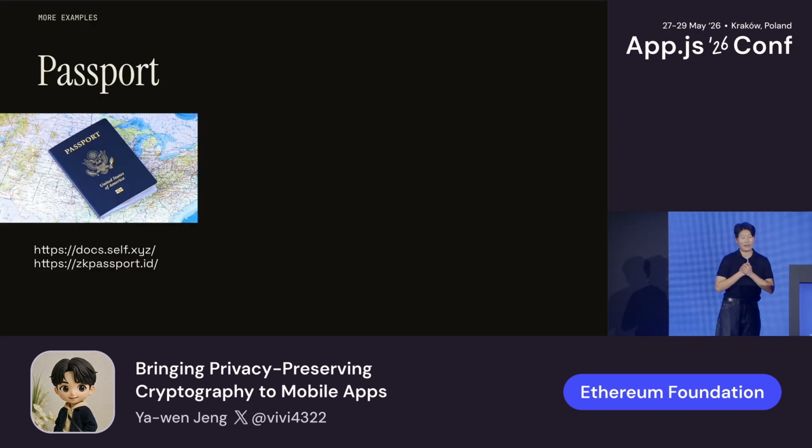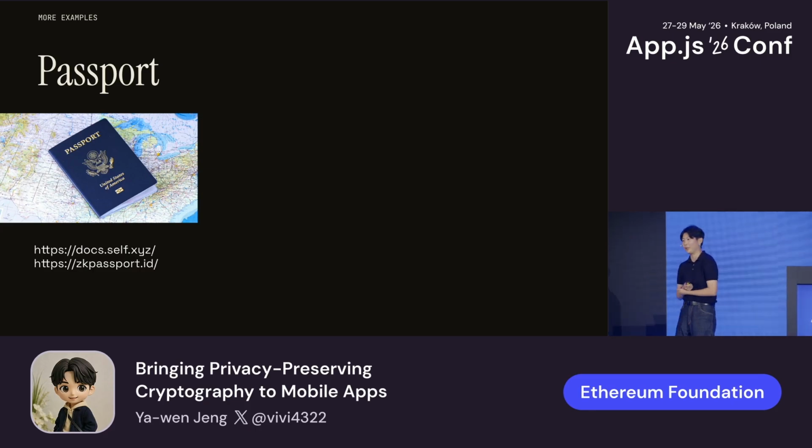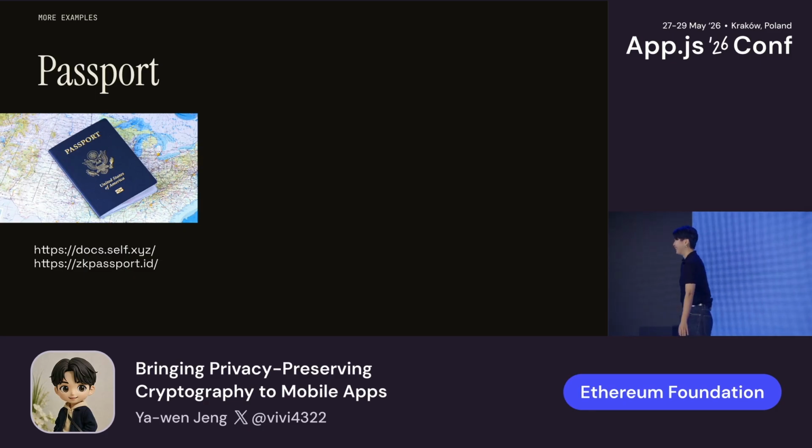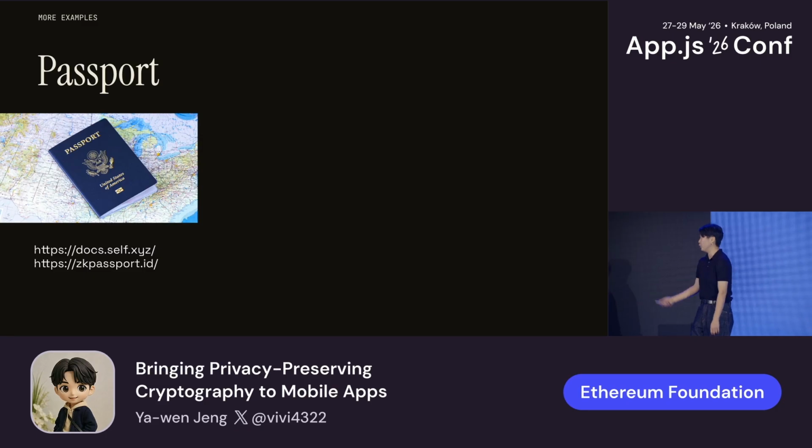Actually, there are so many signatures in our lives, and the passport is one example. I'm sure you all have passports, and there are two teams working on ZK solutions for passports. One is called Self, and another is ZK Passport. You can prove your nationality, your gender, your age, without showing any passport data.